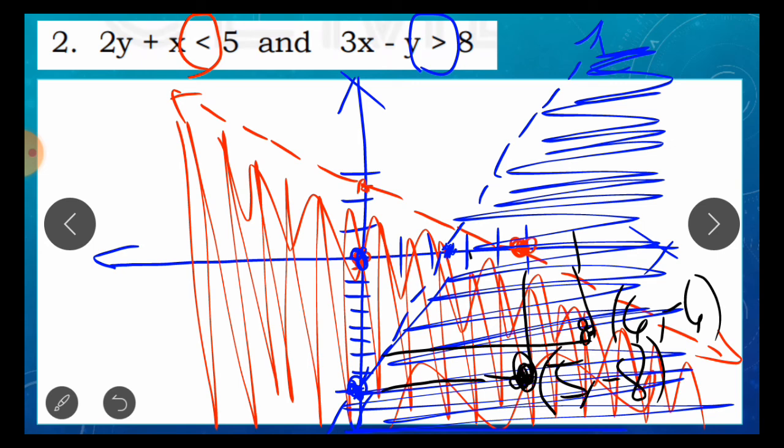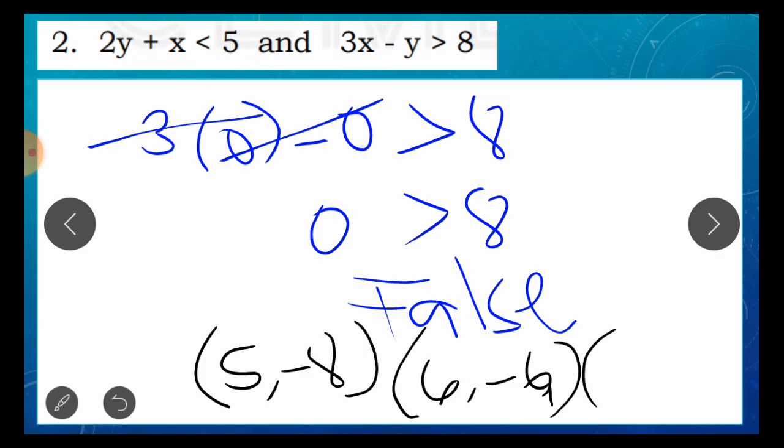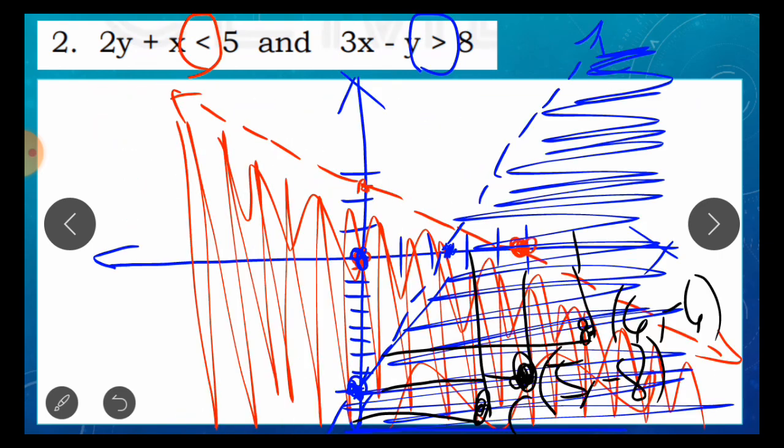So let's have this one and this one. So this is 3 and negative 9. So you already have 3 points. Okay. So that's for number 2.